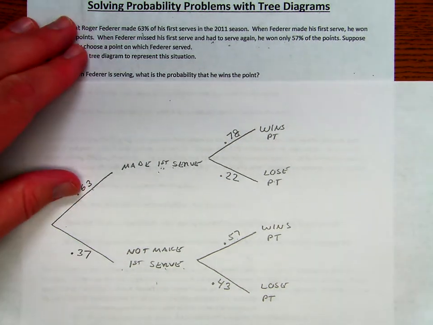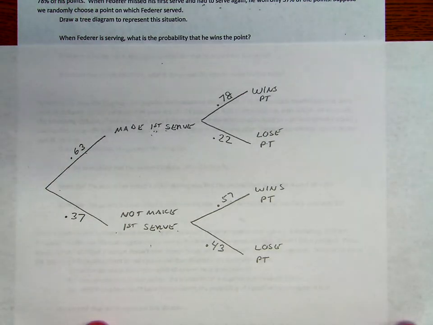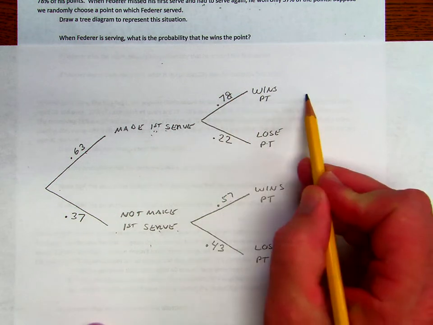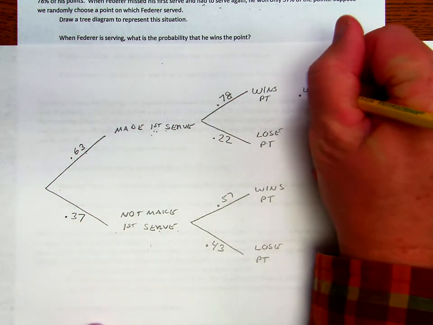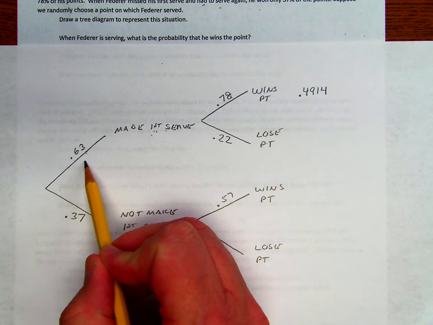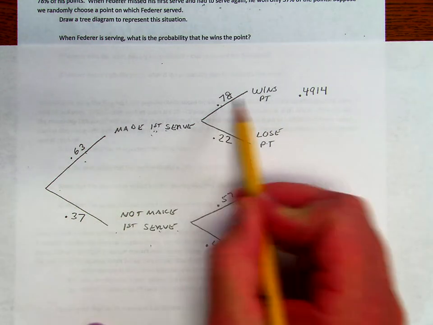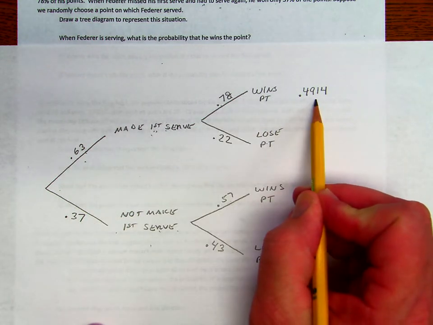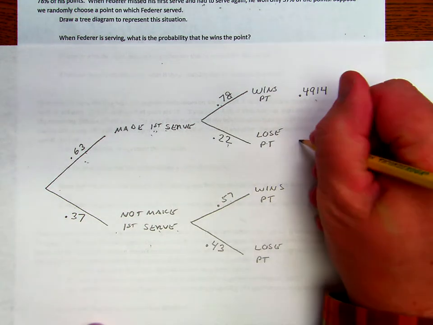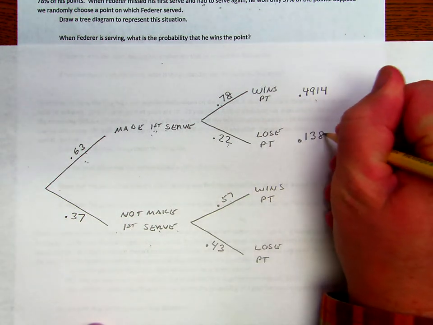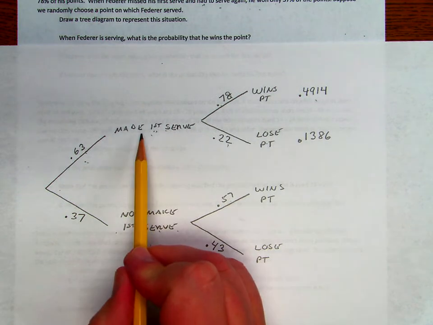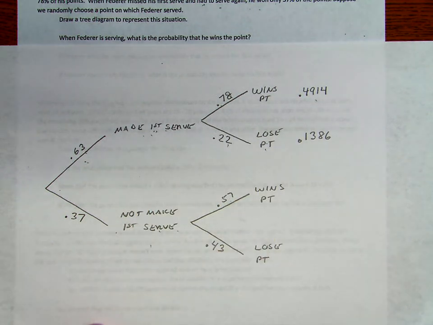Now what we're going to do is we are going to multiply the 0.63 times the 0.78 and put that there. So if he makes the first serve and he wins a point, that has a probability of 0.4914. 0.63 times 0.22 gives us the probability of 0.1386 that he made the first serve and lost the point.